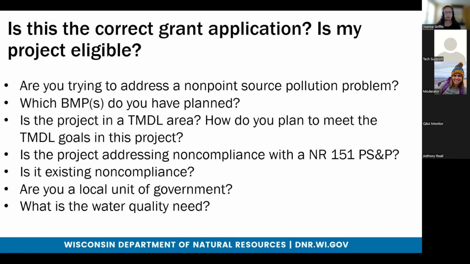And it would be assumed that having insufficient storage would be a form of new non-compliance. So you really have to look at that NR 151 compliance status first, and then factor in the level of expansion, and then begin that proration exercise.